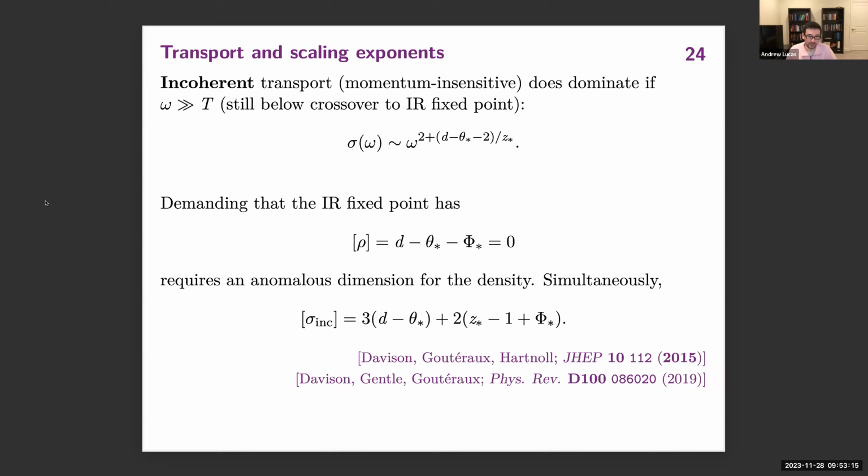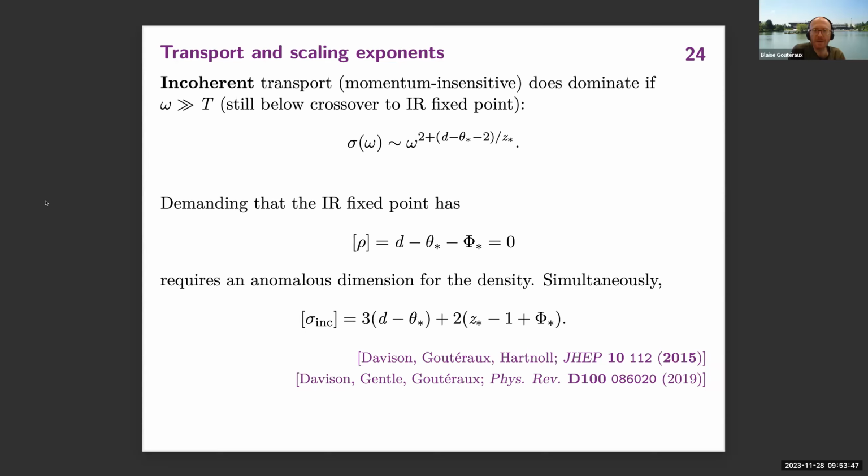That requires this anomalous dimension phi star for the density. And simultaneously, one also demands that this incoherent conductivity, which turns out to dominate at high frequency, must have this very particular scaling dimension. And if we plug all of our results into this, we find that it indeed is satisfied. Okay.